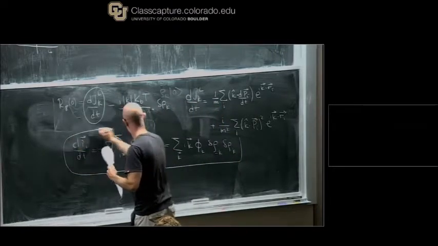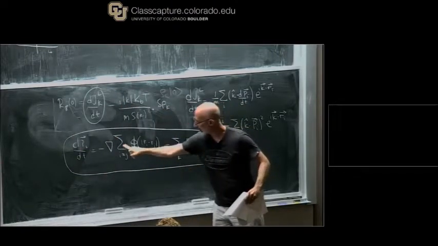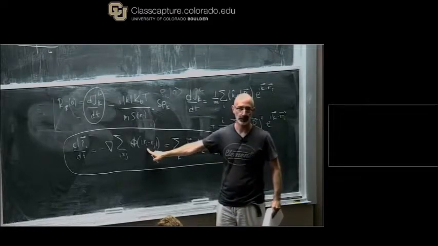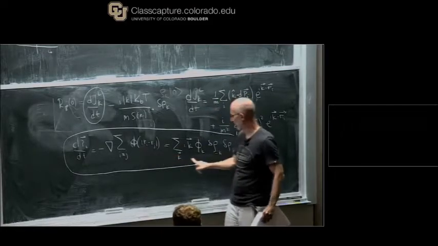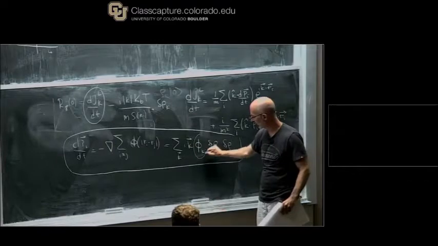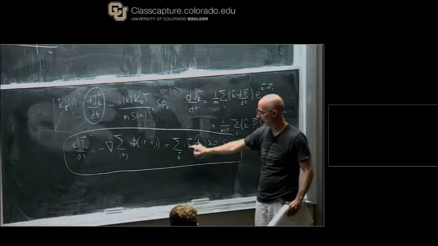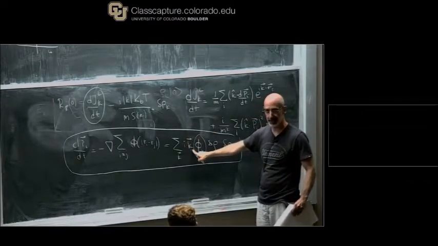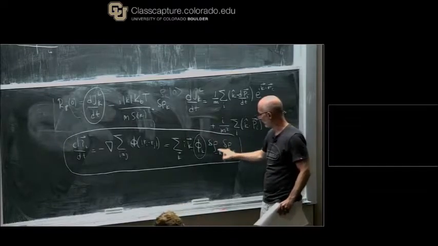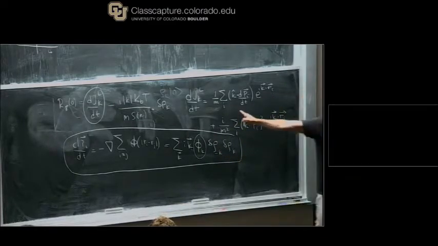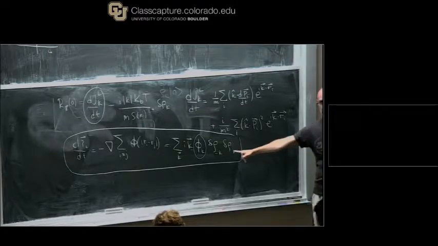If I take the gradient acting on the interparticle potential, I can write it in Fourier space as the Fourier transform of the interparticle potential, times i k, the wave vector, and then a pair of density modes that are propagating in opposite directions.